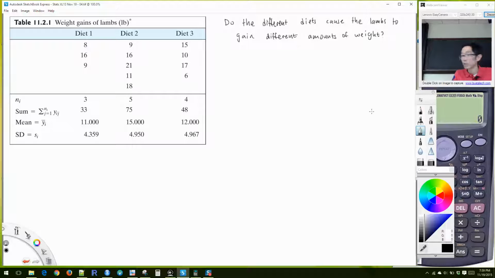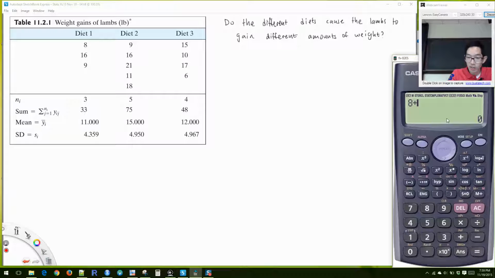If we take the average of these 3 numbers, 8 plus 16 plus 9 divided by 3, we would get 11. So this is just the average of these 3 numbers. And so we look at the group means: 11, 15, and 12.